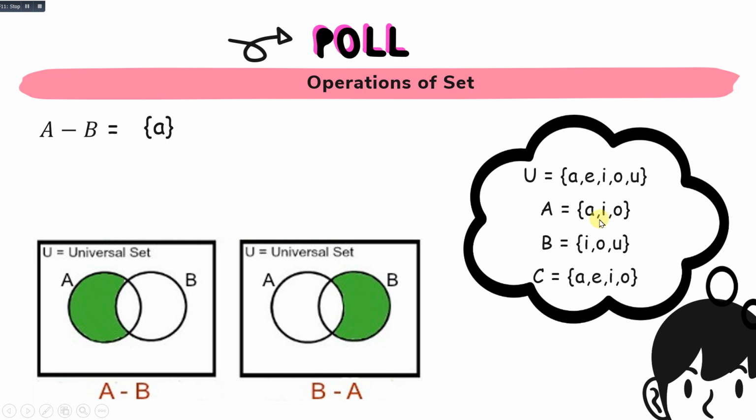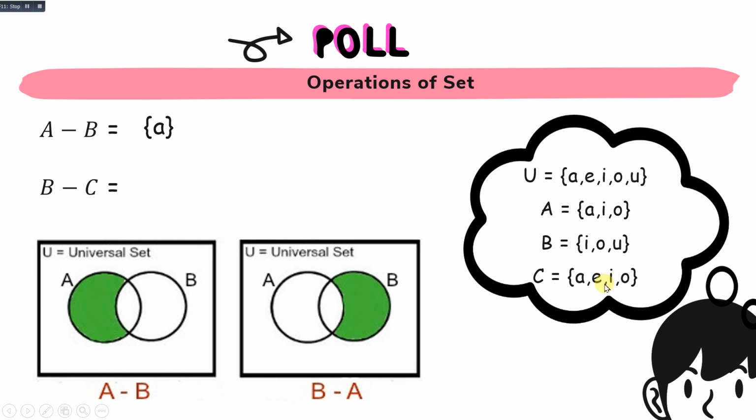Another example, B and C. B has I, O, U, and C is A, E, I, O. To answer that, we just need to check if the elements are present in C. We have I in B, and we also have I in C, so we cross that out.